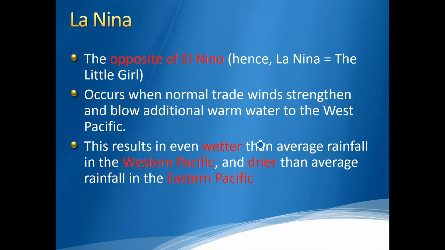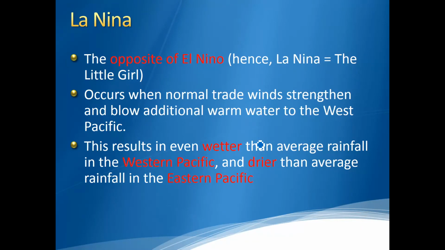Basically what happens here, the trade winds strengthen, and so even more warm water blows to the Western Pacific. So in a normal setup, some warm water is blowing to the Western Pacific. In this case, even more extra warm water blows over there. So the waters over in the Western Pacific become even warmer than average. Therefore, there's more heat, even more rising air, and even stormier weather.